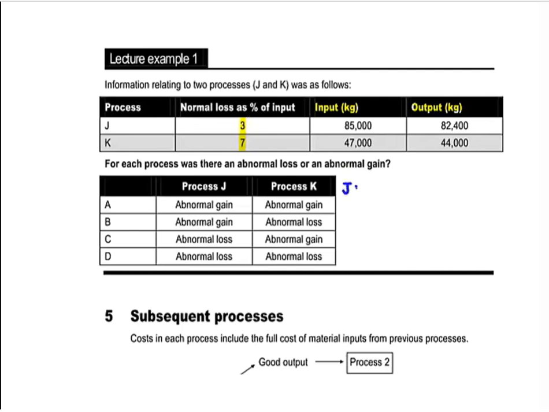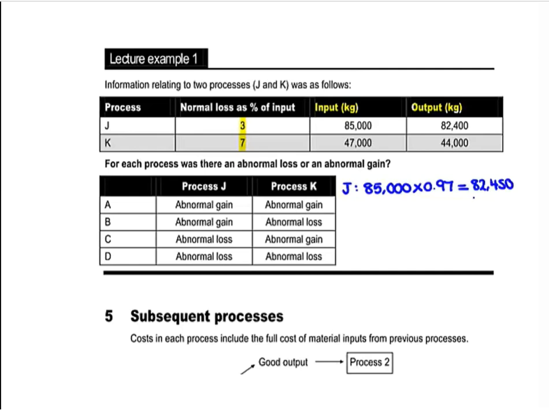For process J then, our input was 85,000 units, and we were expecting there to be losses of 3%. So what that means then is that we're expecting that good output would be 97% of the inputs to the process. So we were expecting then that output would be 82,450.